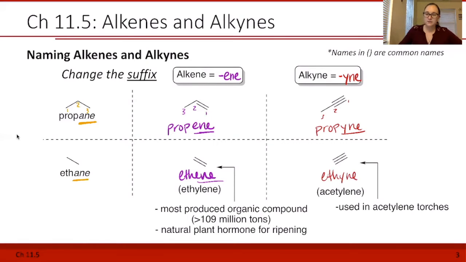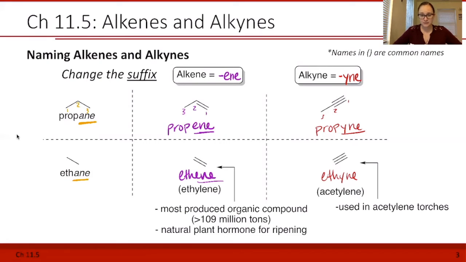The reason I have some names in parentheses here is you'll see at the top we have a little star that says names in parentheses are common names. So ethene you can also see as ethylene. That is the common name for that molecule. However, ethene is how we will talk about it. And then ethyne is also called acetylene. So that's used in acetylene torches.